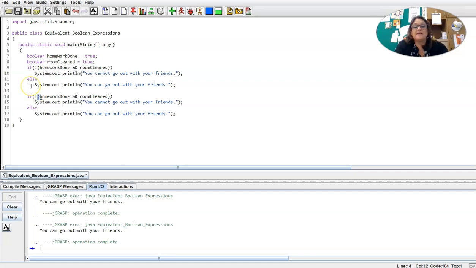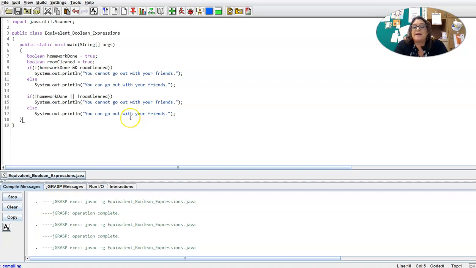So that would mean not homework done or not room cleaned. Okay, so let's think about what that means in the context of this scenario. So if your homework is not done or your room is not cleaned, right, then you cannot go out with your friends. So let's go ahead and test that and see.